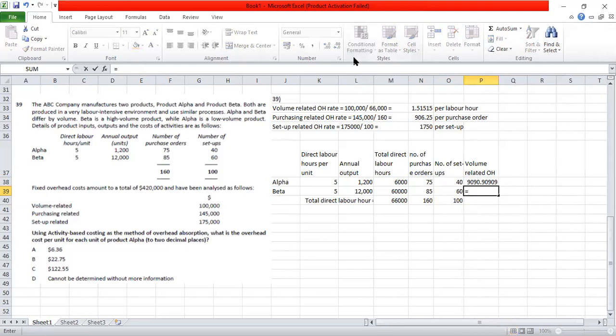After volume related, then we have purchasing related.